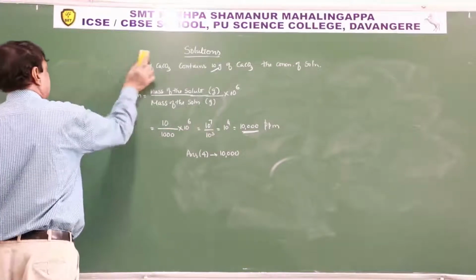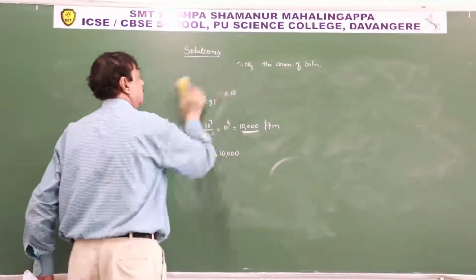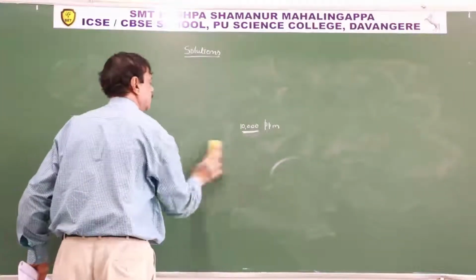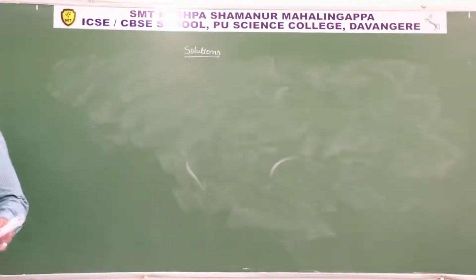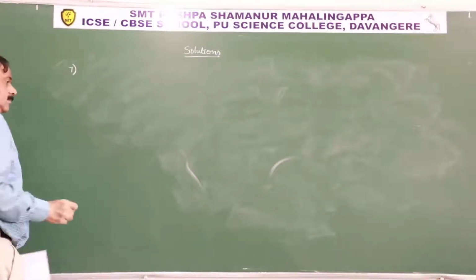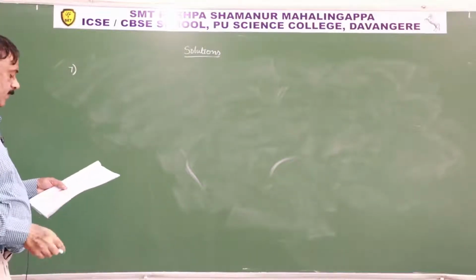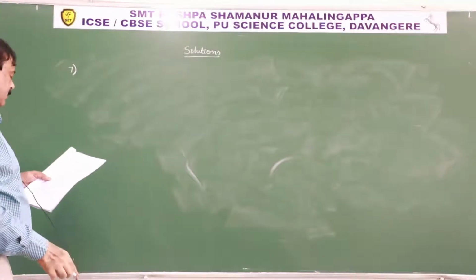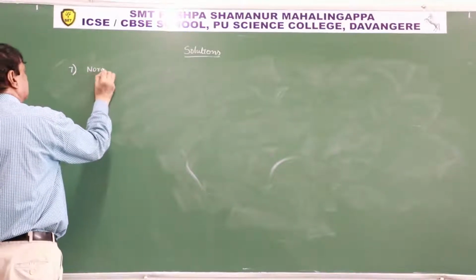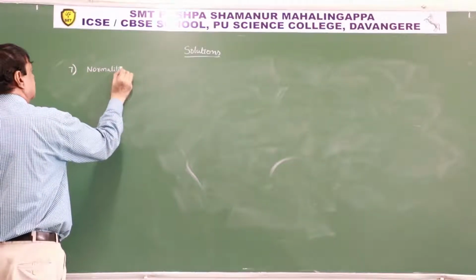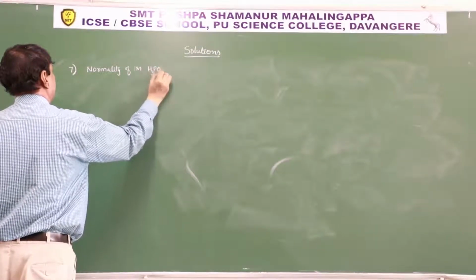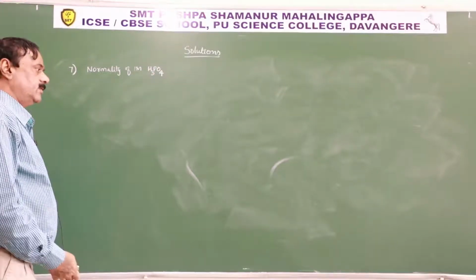Now, the next one is question number 7. What is the normality of 1 molar phosphoric acid, H3PO4?